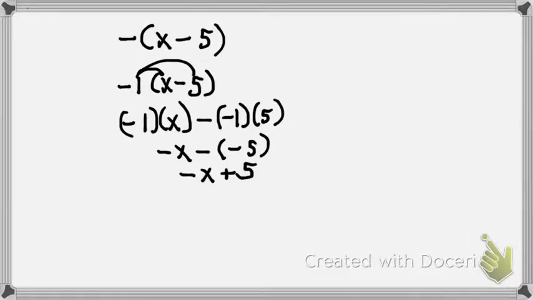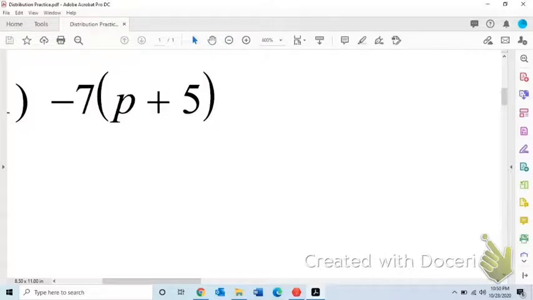Make sure everyone has that down, and then get your worksheet out. So this is the new worksheet. It's called Distribution Practice. And what we're going to do is practice with distribution.